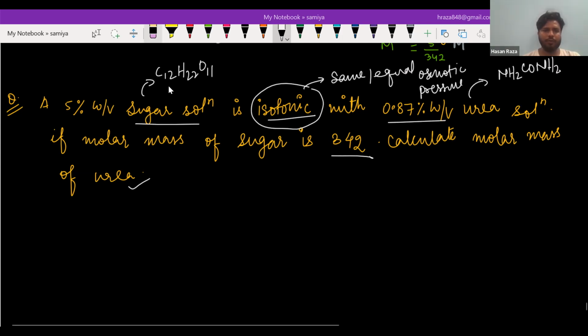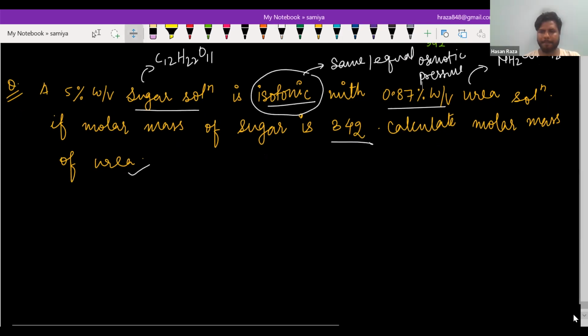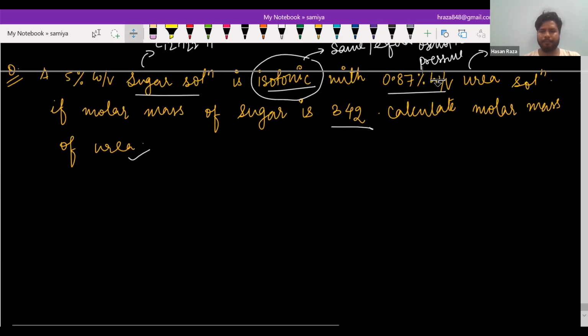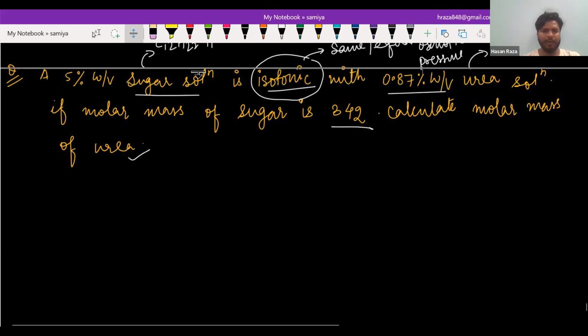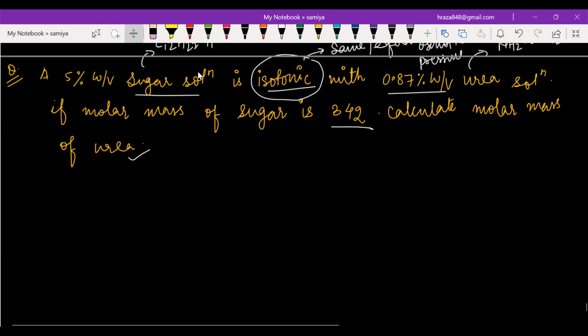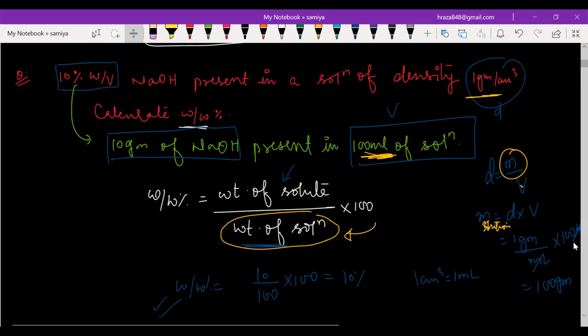Can you solve it or should I explain it? Nadia, Rim, and Samia, please let me know.